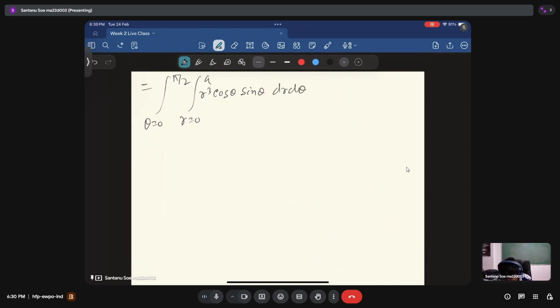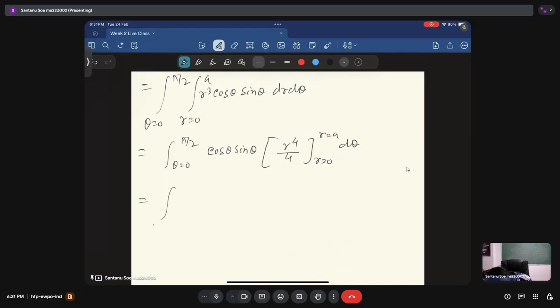So now the function f of r comma theta, which is nothing but r cube cos theta sin theta, is separable. That means it's a product of two functions in terms of r and theta. So we can do the integration separately. First we can keep cos theta and sin theta as they are, and the integration of r cube is r to the power 4 divided by 4, and this will vary from r equals 0 to r equals a, d theta, correct?